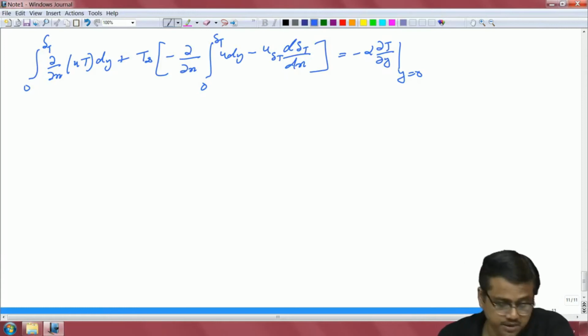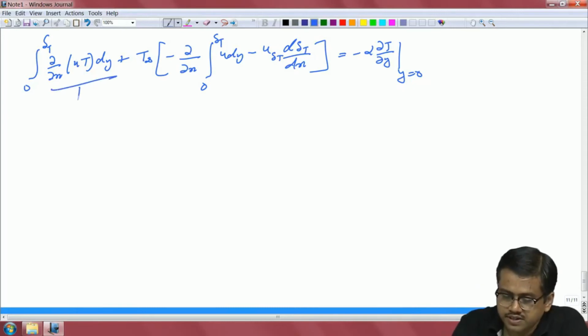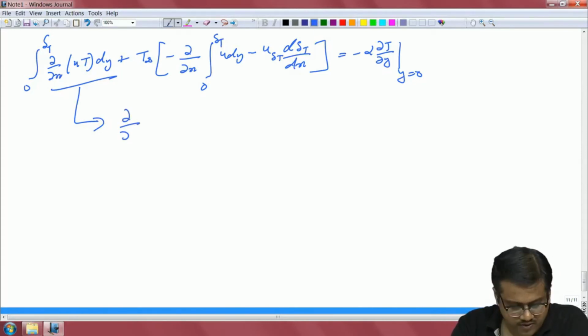Let us take it term by term, so that it makes a lot of sense to do the math properly. The first term can be written as, again applying Leibniz, so that you can see how the Leibniz rule is coming in handy, right.